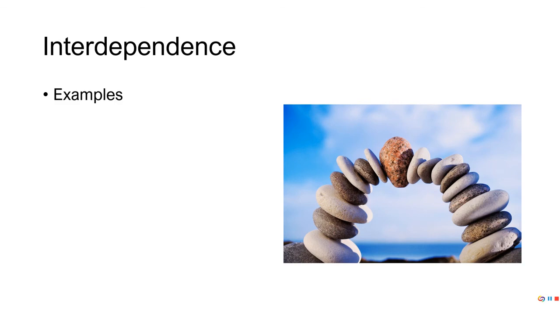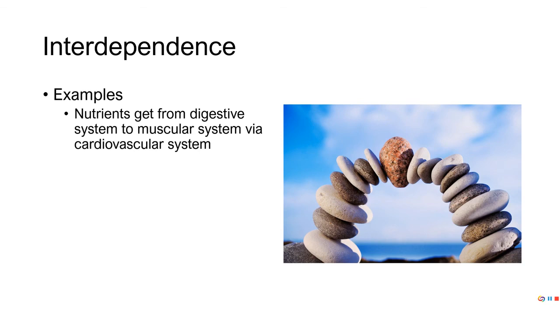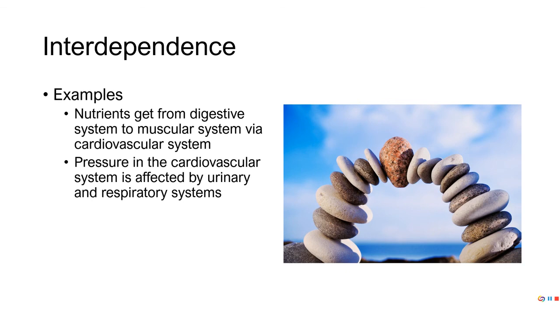So some examples. Nutrients get from your digestive system to your muscular system via the cardiovascular system. Cardiovascular pressure is actually affected by both your respiratory and your urinary systems. Okay, and as I mentioned earlier, just think about exercise in general, how nearly all of the systems are involved.